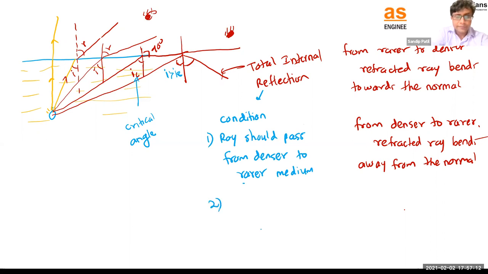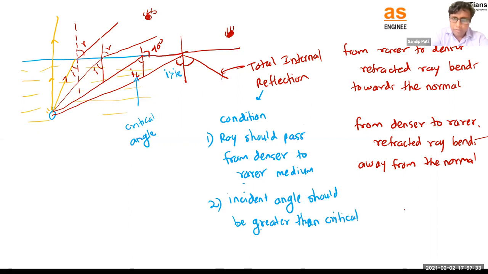Second condition, the incident angle should be greater than the critical angle. So these two conditions are important for total internal reflection. Then only we will get total internal reflection.